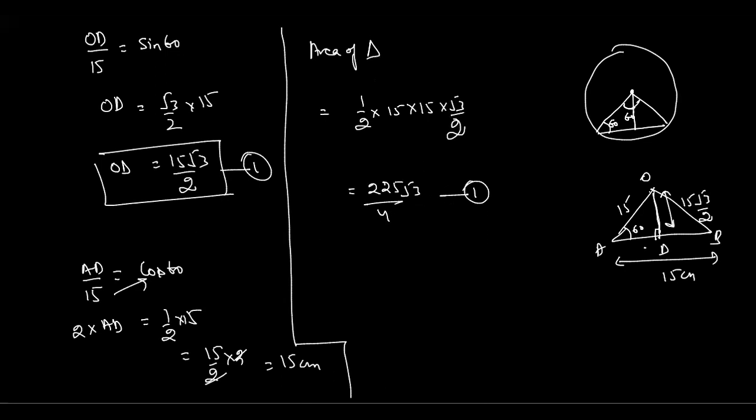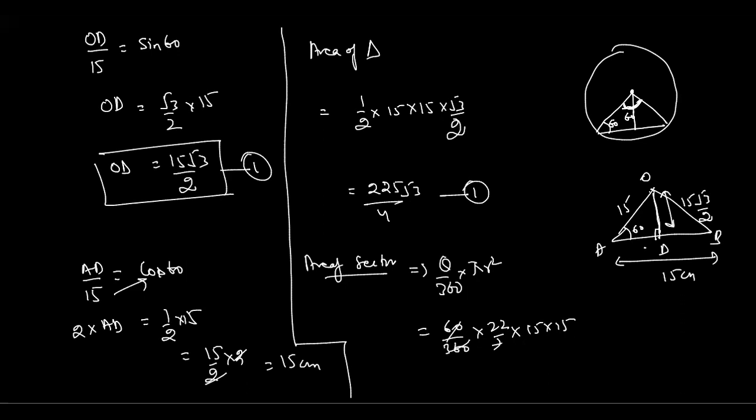So now you need to find out the area of this sector. The area of sector will be equivalent to theta upon 360 into pi r square. The value of theta is 60, so theta upon 360, into 22 by 7, into r, where the value of r is 15 into 15.